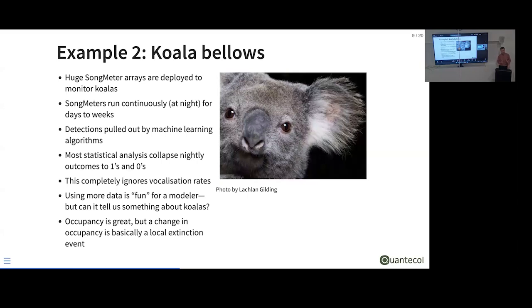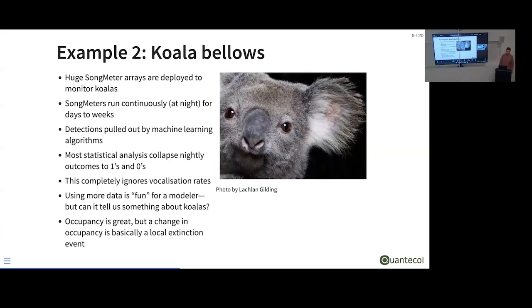These song meters run continuously, usually at night, so you have, let's say, 12 hours of recording to get through. I haven't done any of the machine learning stuff, but there are good algorithms. It's very simple now to just give this to a recognizer, and they give you back a spreadsheet of a bunch of timestamps, each with a koala detection.